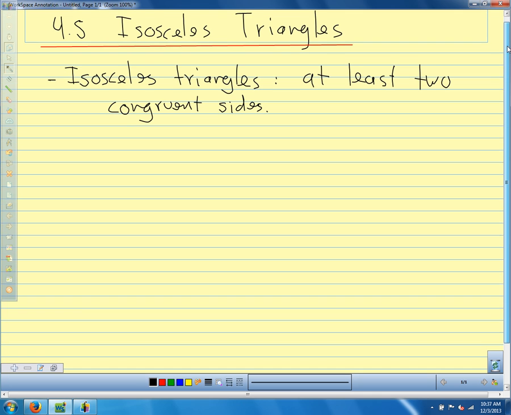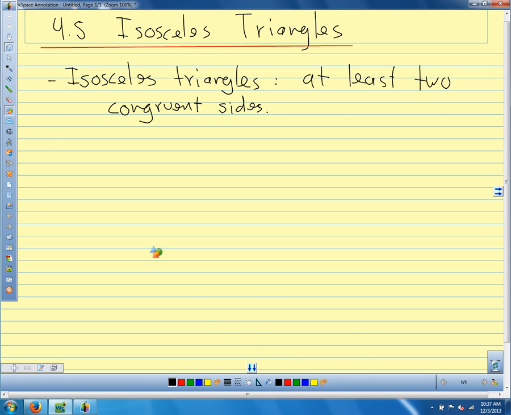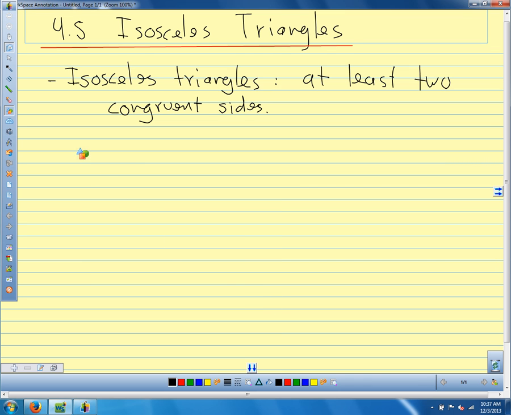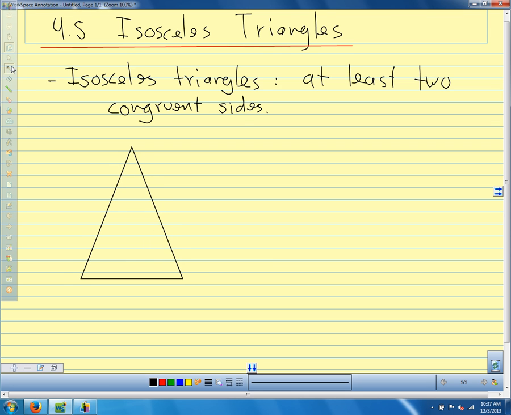Now let's draw a picture of an isosceles triangle, and we're going to label its parts. So their parts get some special names. Normally in a picture of an isosceles triangle, you'll see this, and we'll say that these are the congruent sides. We call the congruent sides the legs of the triangle.